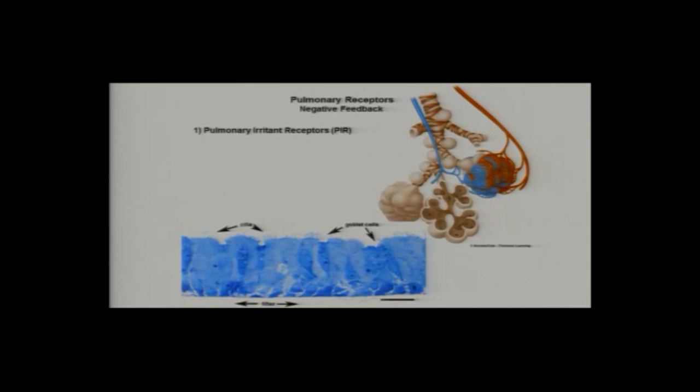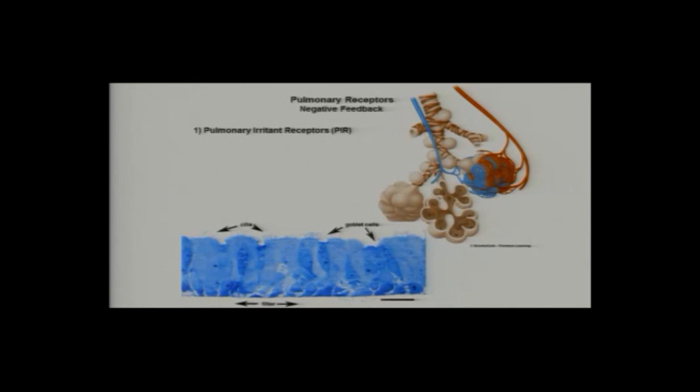Where these guys live is actually in the lumen of the airway. So these receptors are found dispersed among the epithelial cells that line the airway. The epithelial cells that line our respiratory tract are a particular type of cell called the ciliated columnar epithelial cell.